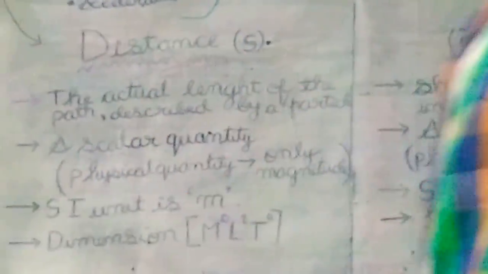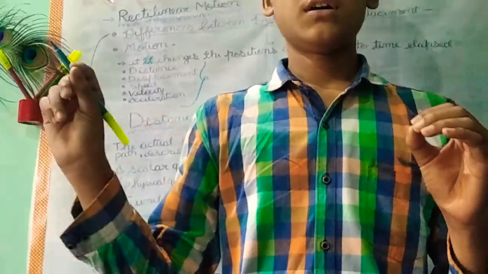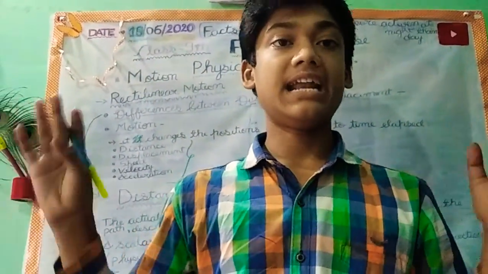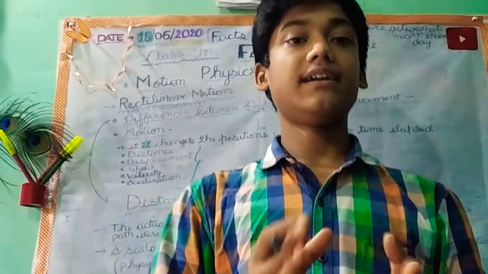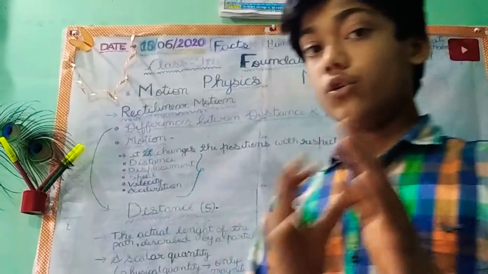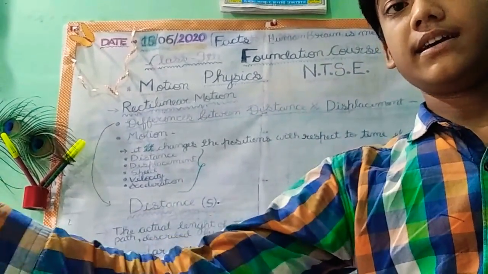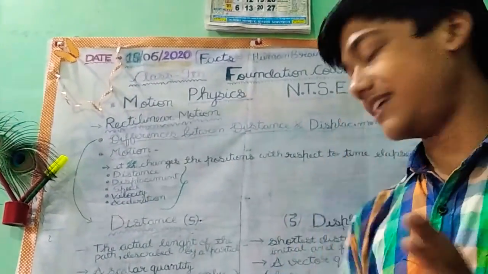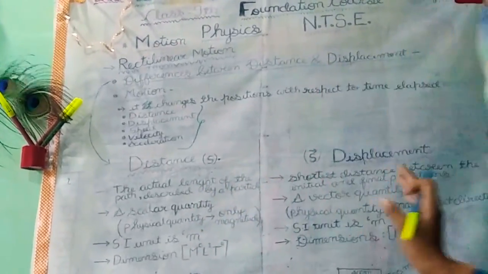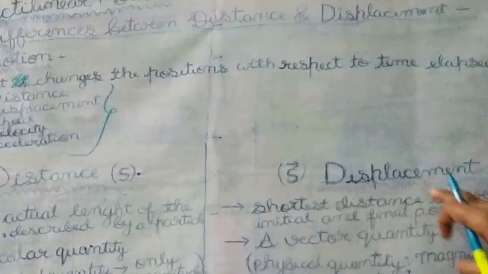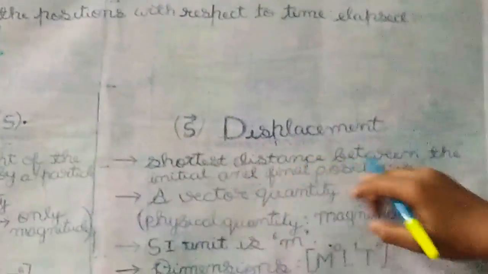The actual length of the path described by a particle. Any particle covers a path, changes its position, and that length of the path is the distance. The length of the whole path is the distance of that particle. Now displacement: the shortest distance between the initial and final position.